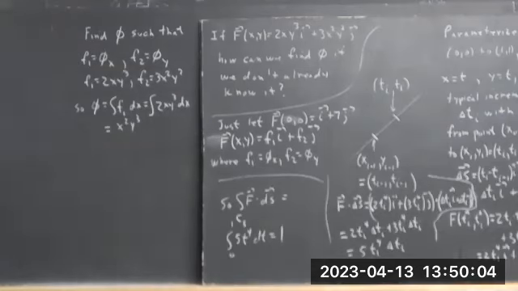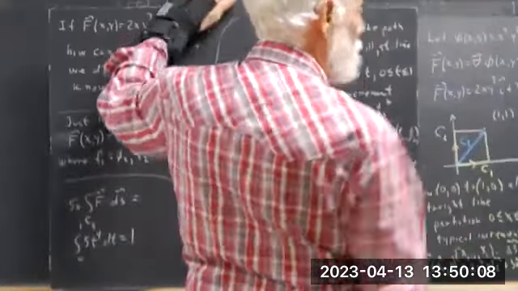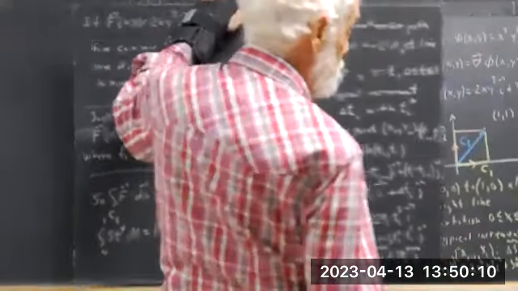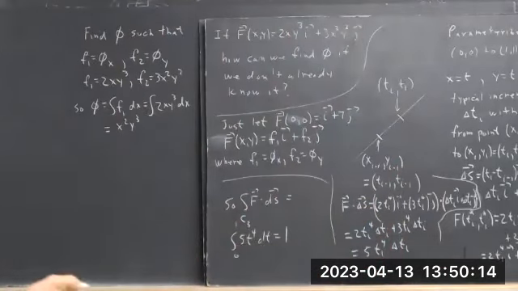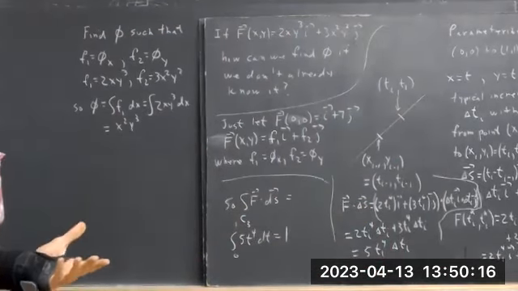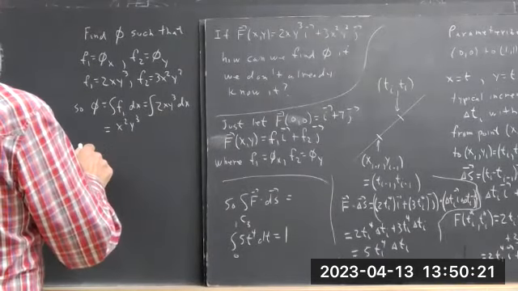Well, we just kind of got it. Phi equals x squared y cubed, right? That's what you see from those. It's identical, just a different context. You do exactly the same thing.